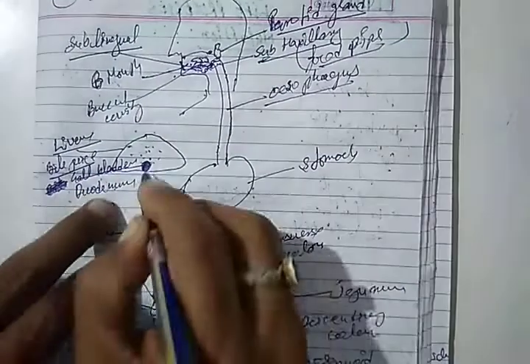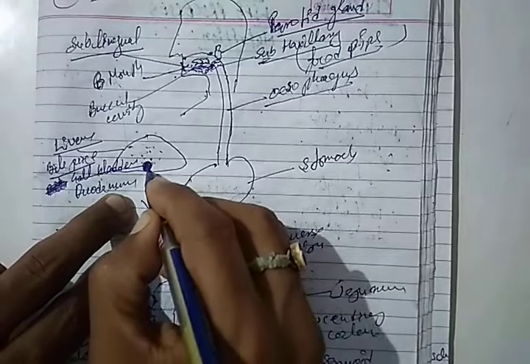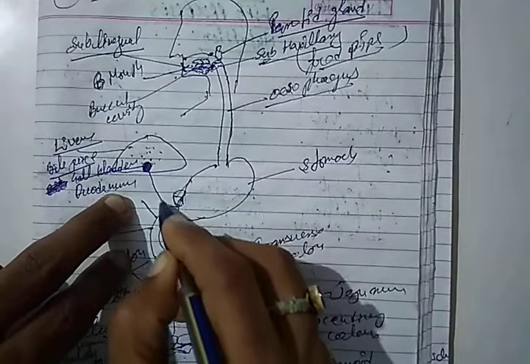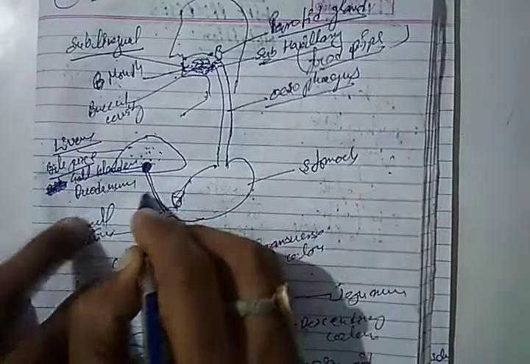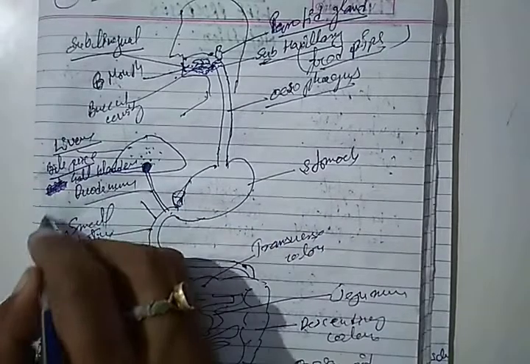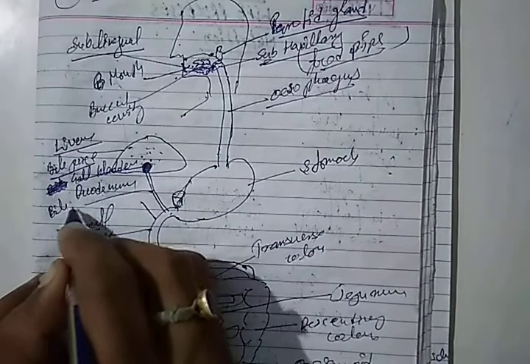And through a duct, this bile juice is transferred directly into the duodenum. That duct is called the bile duct.